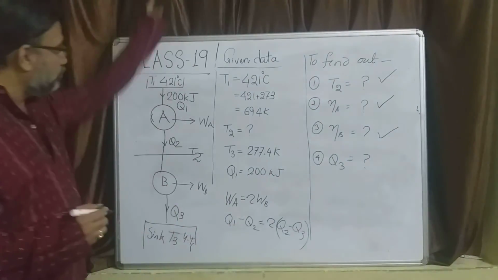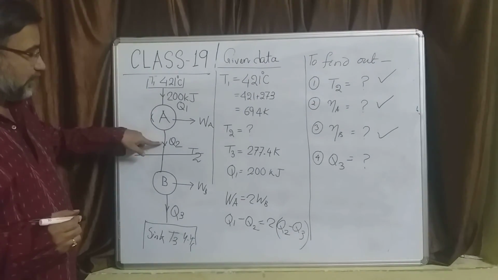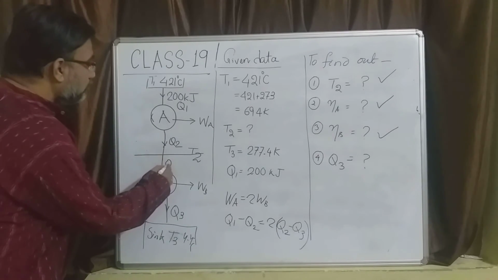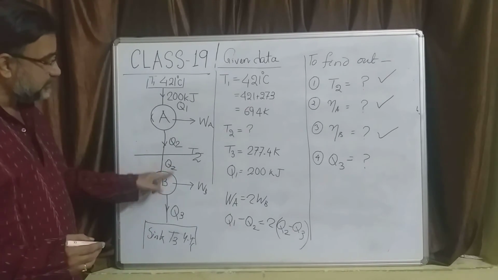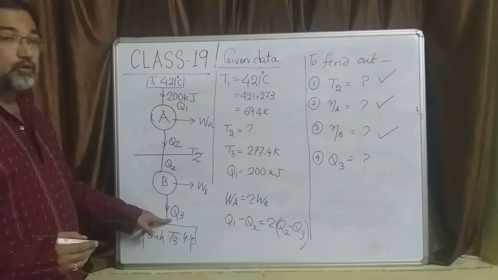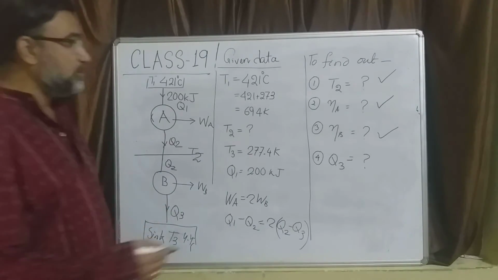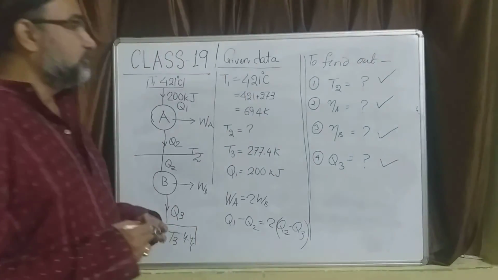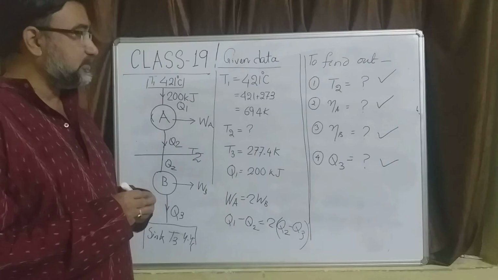Since the efficiency is known and Q1 is known, you can find out Q2, and since Q2 is known and efficiency of this engine is known, you can find out Q3. So try to solve this problem and get these answers this way.